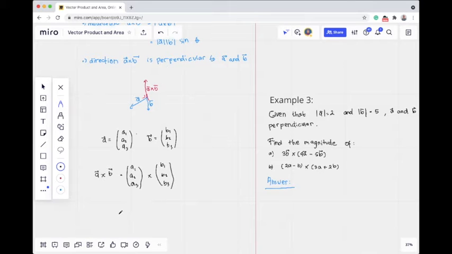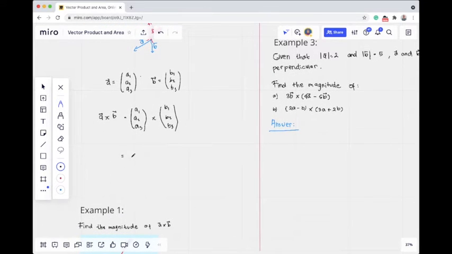In dot product, we just multiply A1 B1, A2 B2, A3 B3, and the result is a scalar. But in cross product, there is a different pattern because the result is also a vector.